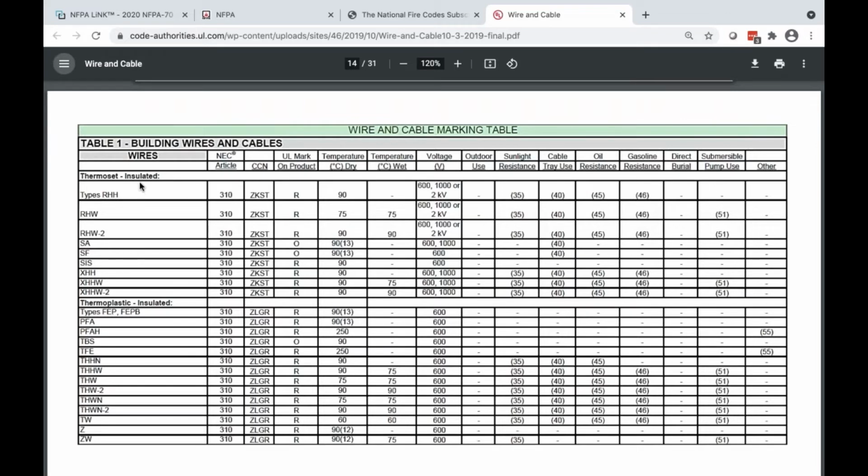So for example, if I look at table 1 on page 14 of the document, we have it separated by thermoset insulation, and it tells us what the corresponding NEC article is, what the category code is that UL uses for that particular type of wire or cable, what the temperature rating is, whether it's dry or wet, the voltage, the permissible voltages, and so forth.